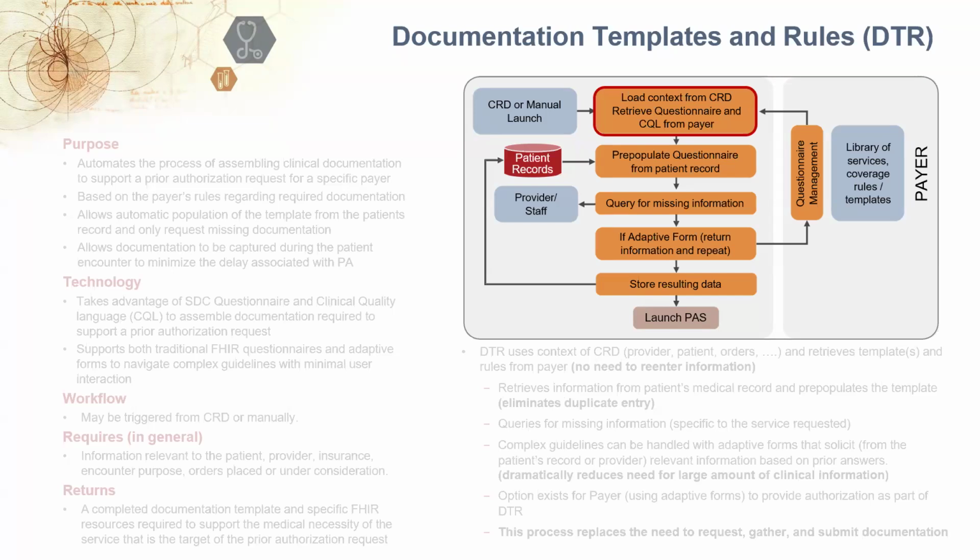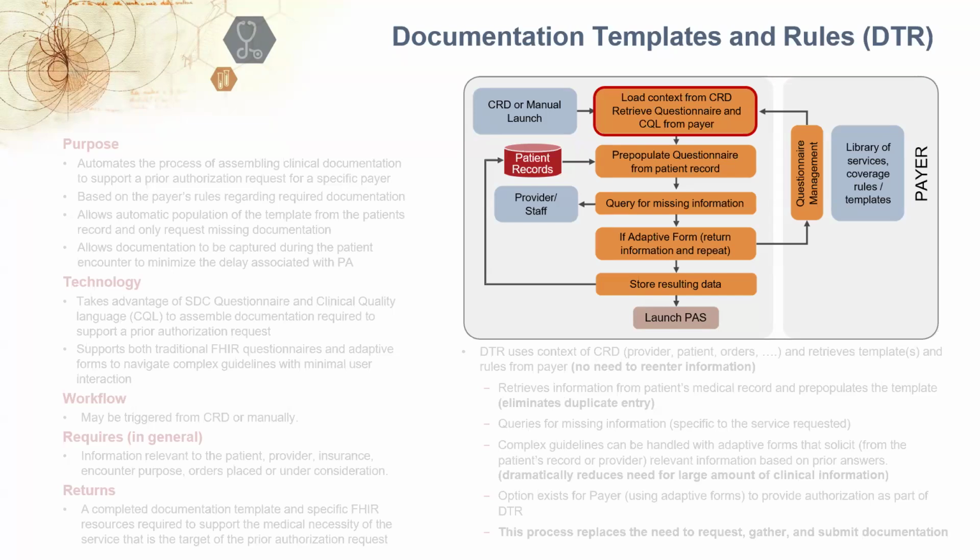It's questionnaires, it's actually CQL libraries, it's value sets that are necessary, all the information needed by the client to execute the forms appropriately, and with the information that the payer deems necessary to pre-populate that as fully as possible.